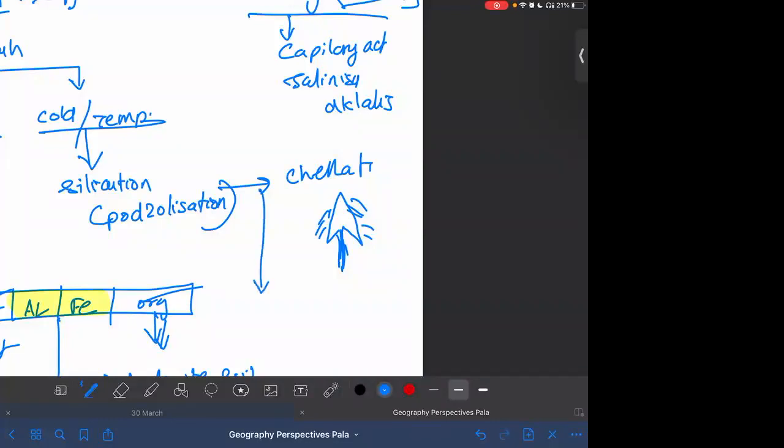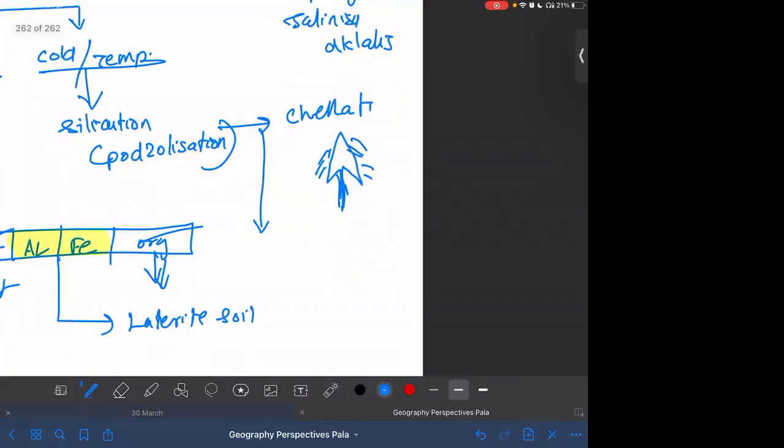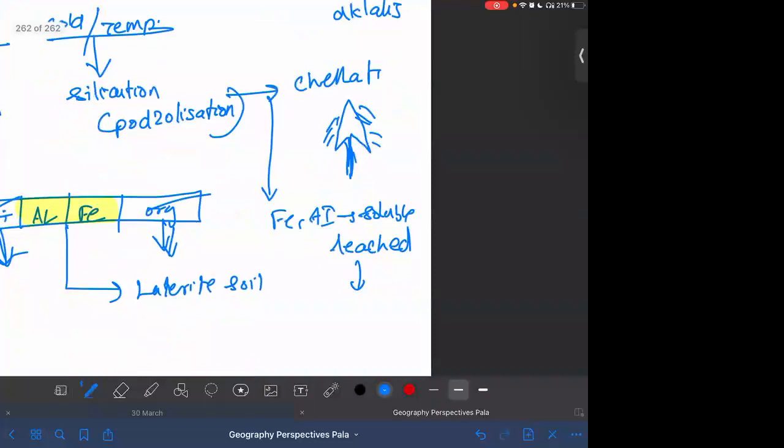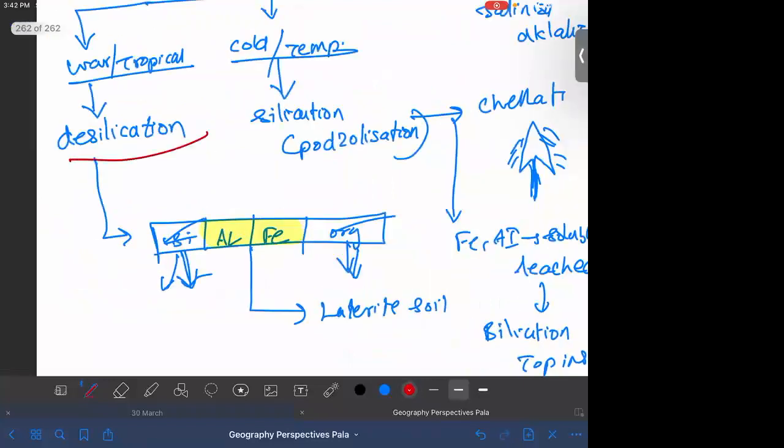In chelation, Fe and Al are soluble and leached, with silica remaining in the topsoil. Whereas here it is desilication because of high water, high rainfall.